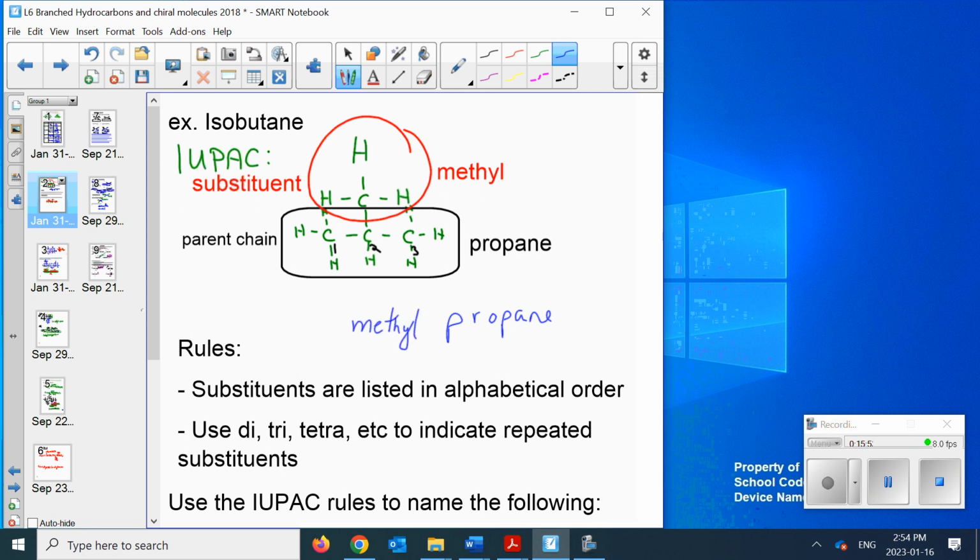And where is the methyl group attached? It's attached to the 2nd carbon in the propane. So, like I said, I tend to do the naming backwards. You have to plan to leave enough space to do it. Propane is the parent chain, the longest possible chain. The methyl group is the attachment, and it's on the 2nd carbon of the propane. So that's the way we go about naming. We'll practice. Okay?